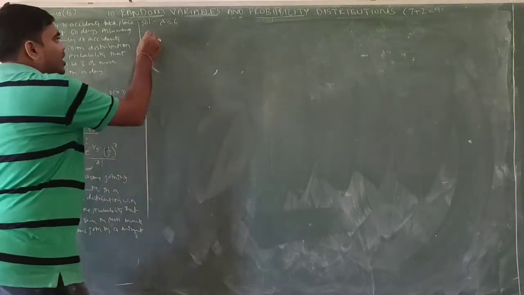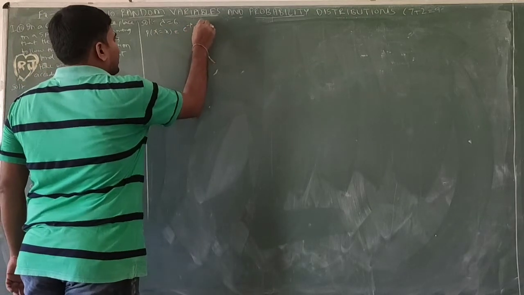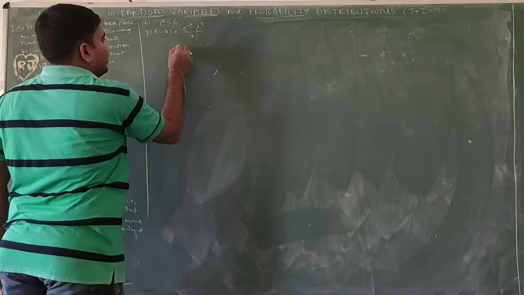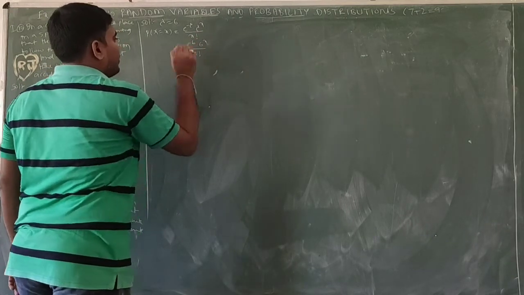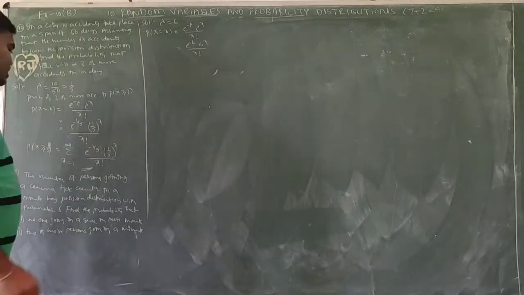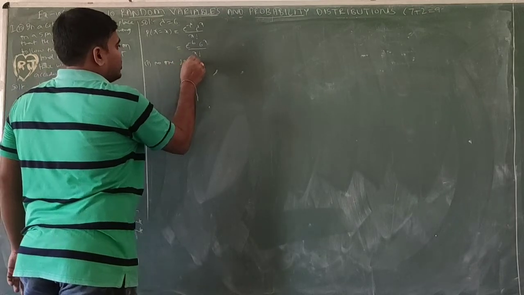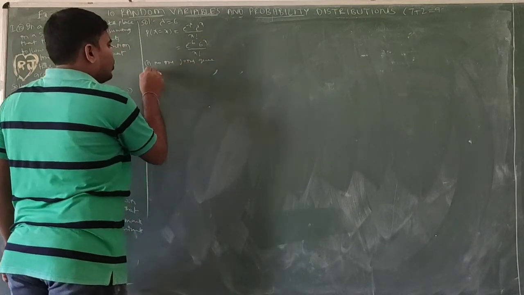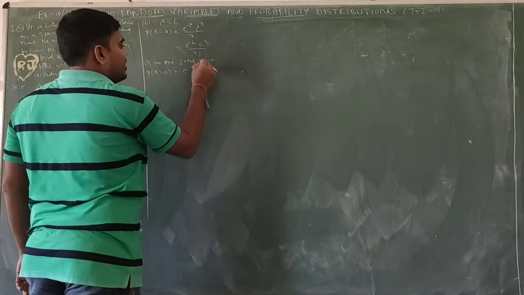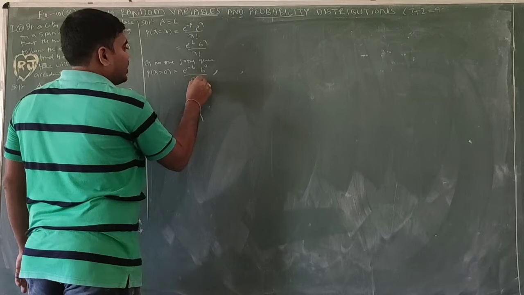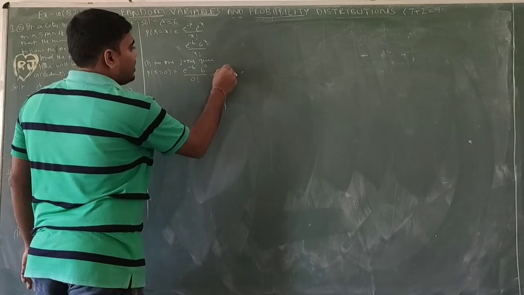So first one, P of x equal to x formula: e power minus lambda, lambda power x by x factorial, which is equal to e power minus 6, 6 power x by x factorial. First one, no one joins in the queue means P of x equal to 0. So e power minus 6, 6 power 0 by 0 factorial. 6 power 0 is 1, 0 factorial is 1, overall e power minus 6.